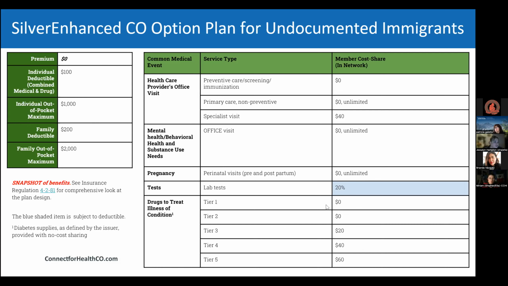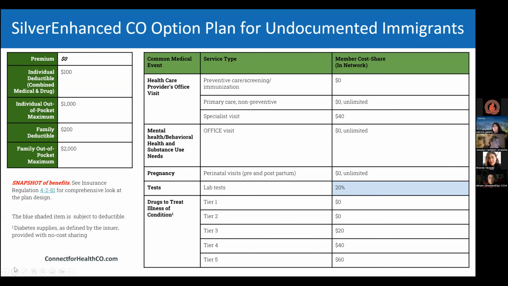And then you can see the cost of the various prescription drugs. If you're not familiar with prescription drug tiers, usually tier 1 is your lowest cost drugs, tier 5 being your most expensive drugs. So hopefully that clarifies a little bit what the actual benefit looks like.